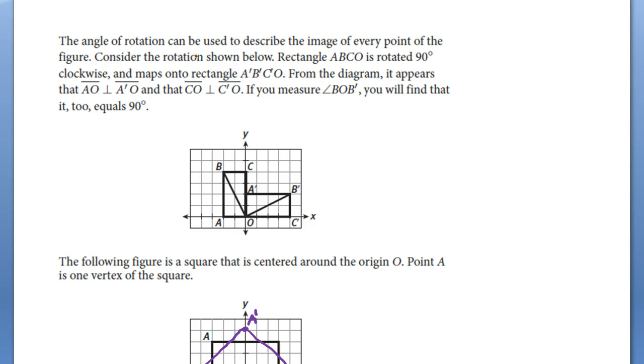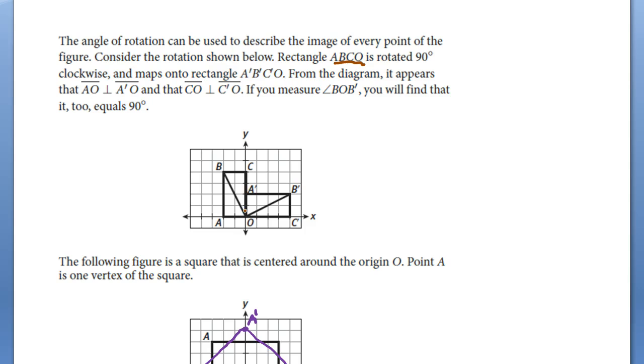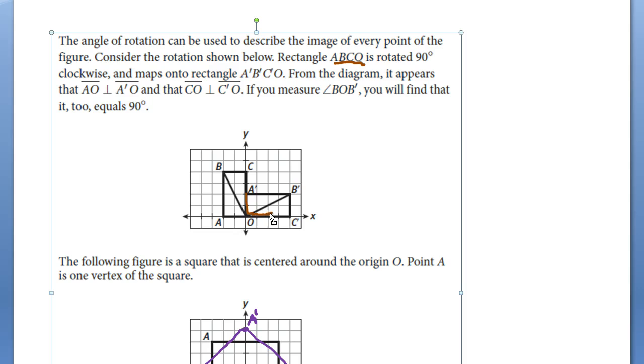The angle of rotation can be used to describe the image of every point of the figure. Consider the rotation shown below. Rectangle ABCO, this one here on the left, is rotated 90 degrees clockwise and maps onto rectangle A prime, B prime, C prime, O. That's this one here.